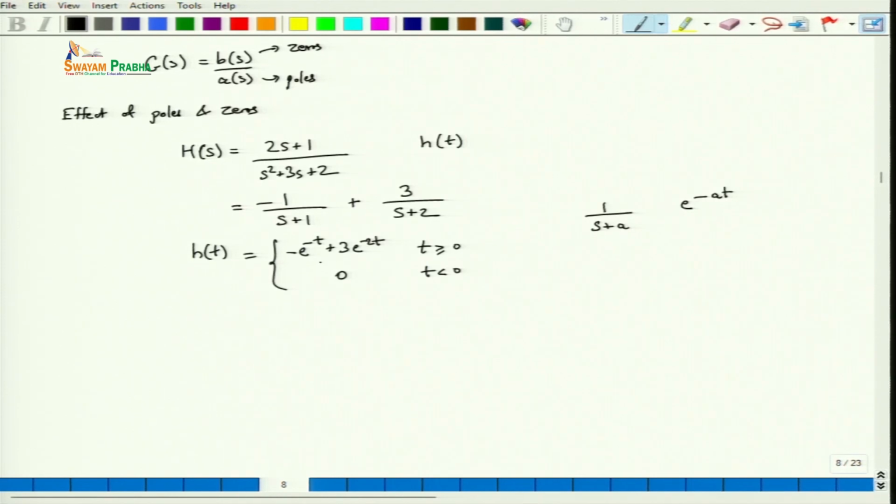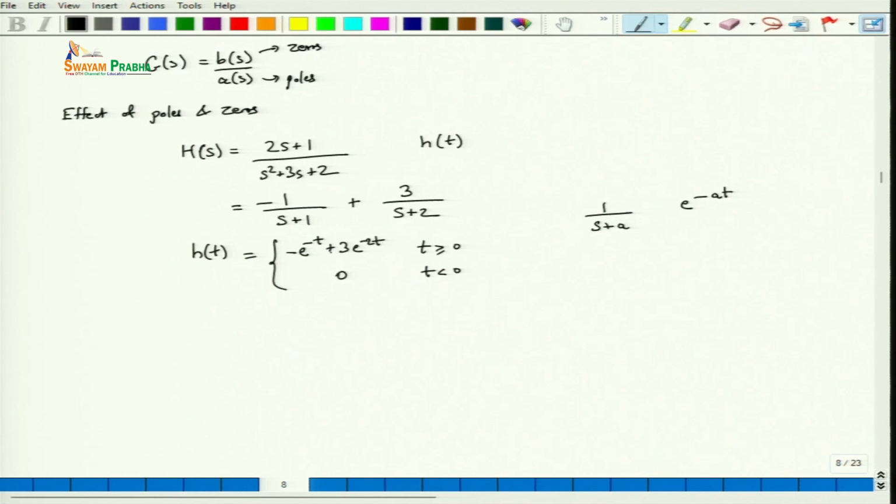If there are multiple real poles, we find a contribution using these partial fractions, take the inverse Laplace transform from the table, and then just sum it up to get our impulse response h of t. Now this is the case when there are real poles.